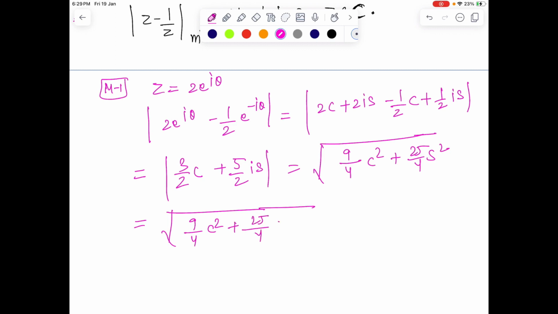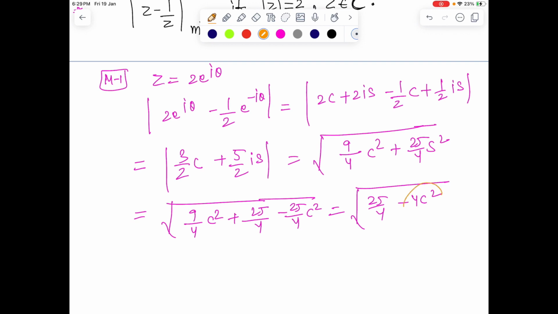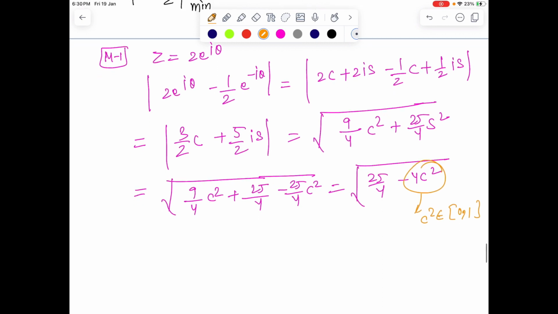Okay, so this can be written as 9 by 4 cos square plus 25 by 4 minus 25 by 4 cos square, which evaluates to 25 by 4 minus 16 by 4, so minus 4 cos square, right? Now of course, cos square will vary from 0 to 1, so at 0 we get the maximum value, which is 5 by 2.